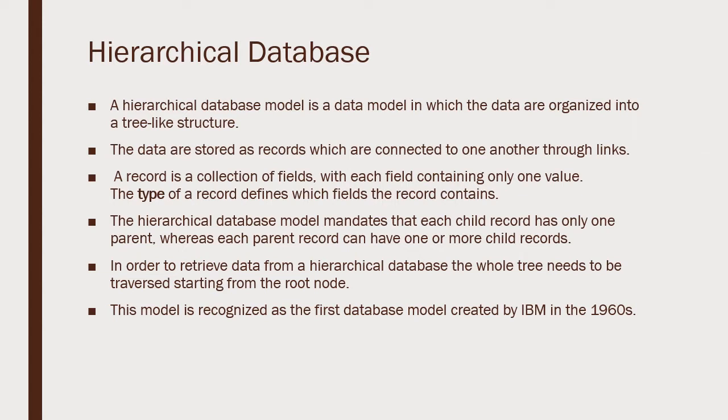Means this is going to be stored as a child-parent relationship, or we can say a one to many relationship. In order to retrieve data from a hierarchical database, the whole tree needs to be traversed starting from the root node. This model is recognized as the first database model, created by IBM in 1960. IBM stands for International Business Machines.